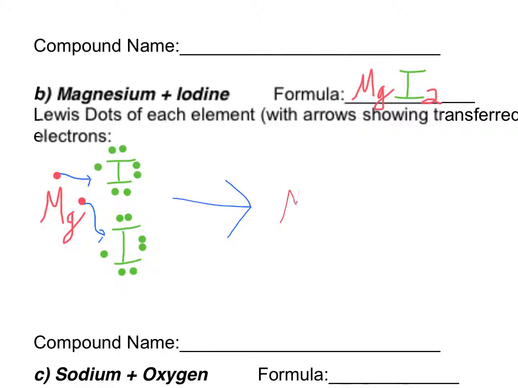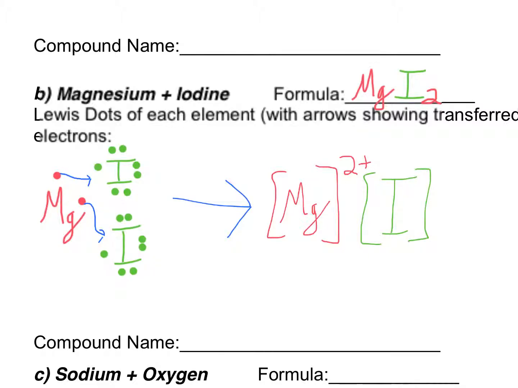We have magnesium that has lost 2 electrons and is therefore now 2 positive. Then we have an iodine that has gained 1 electron, but we need to represent all of its Lewis dots now.